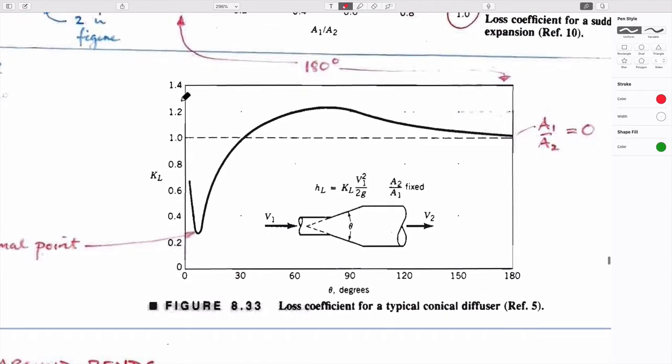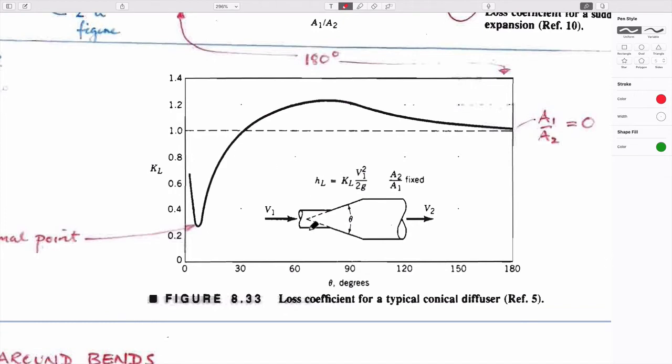If you change the angle at which it goes into the tank by making it more diffuse, so I guess 0 angle would be a pipe that doesn't change diameter. This would be basically 0, and you see, well, I'm not sure why this is going up. I guess it doesn't go to 0 exactly.